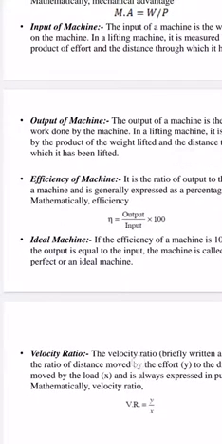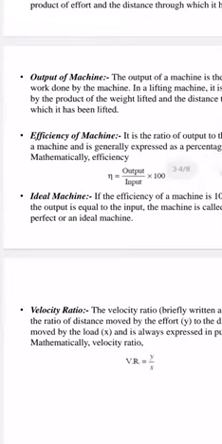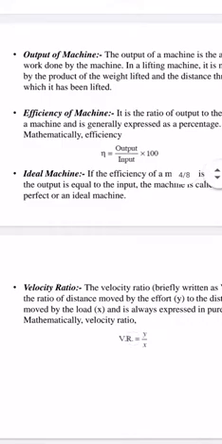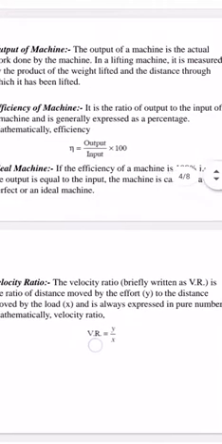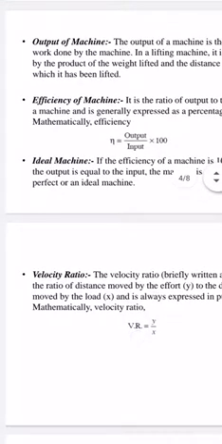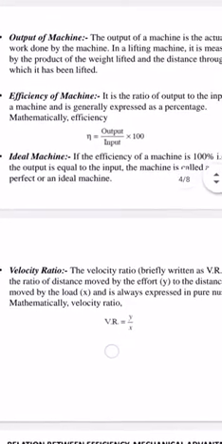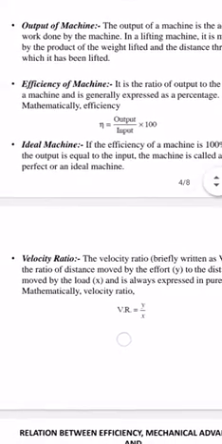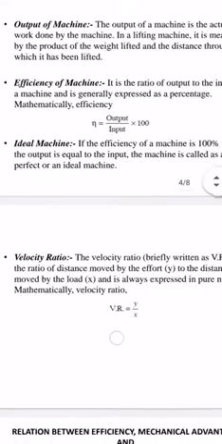The next term we will use is velocity ratio, written as VR. Velocity ratio is the ratio of distance moved by the effort to the distance moved by the load. Here the distance moved by the effort is expressed by y, and the distance moved by the load is expressed by x.